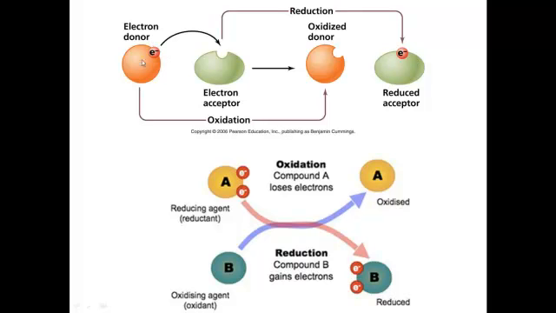This electron donor is losing the electron on this side, the electron's gone, so it is oxidized because on this side it has fewer electrons than it did in the beginning. Then this particular molecule is reduced because it gained electrons.